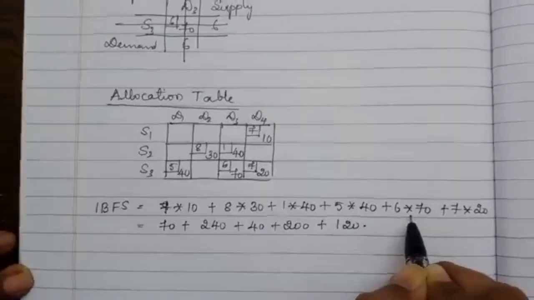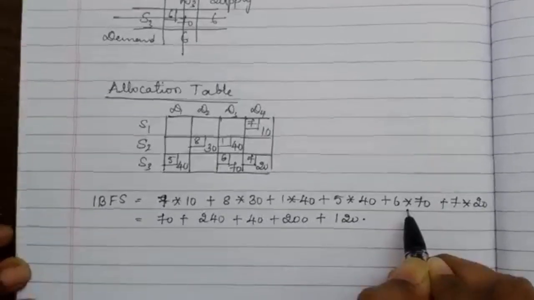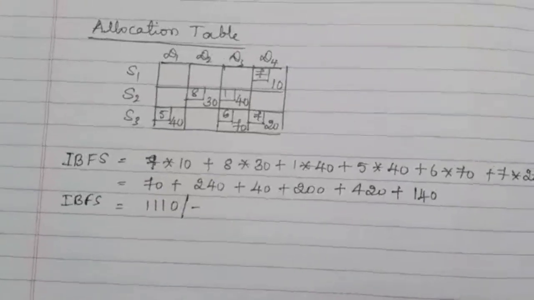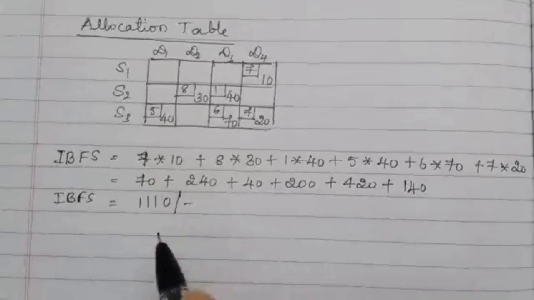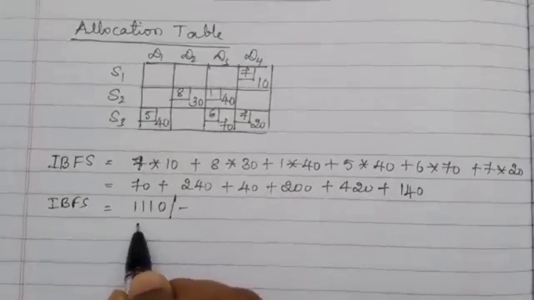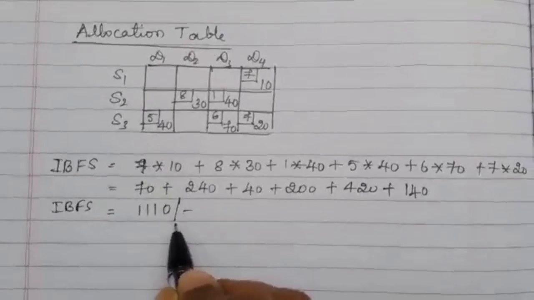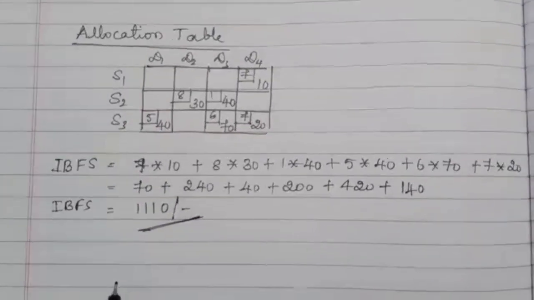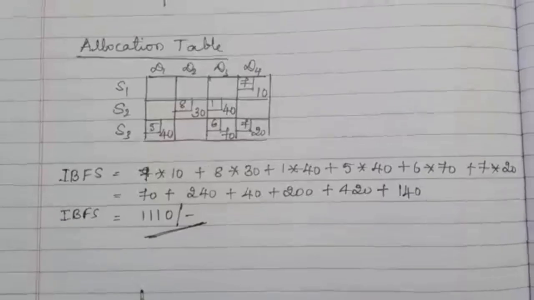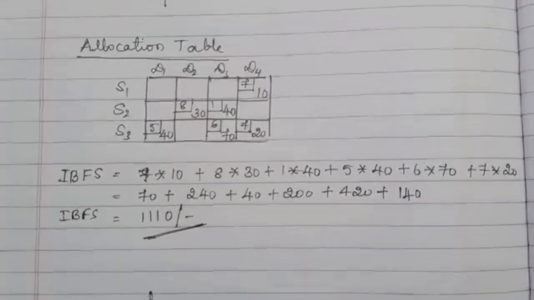By adding all of this, we've got the initial basic feasible solution as 1110. I've considered it in rupees. So this is the final answer we are going to get for the problem using the row minima method.